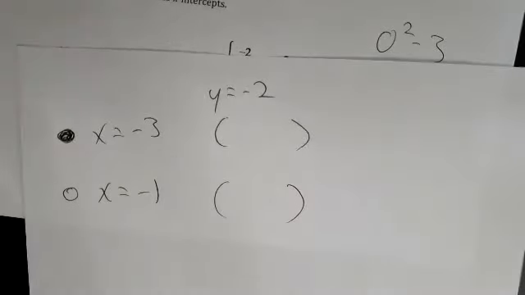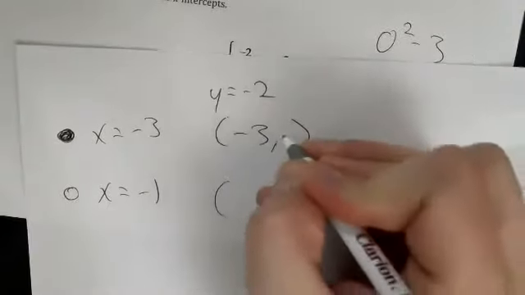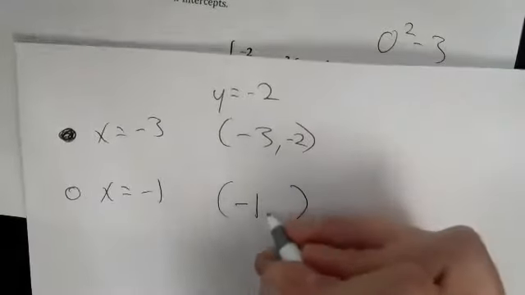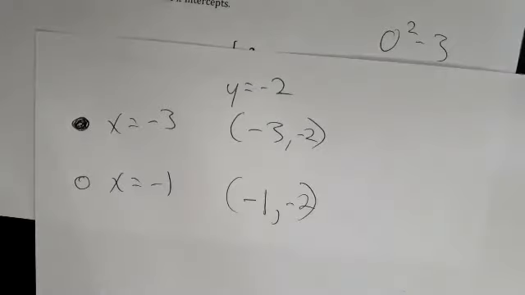If I want the points for this first piece, my x, y would be what? -3, -2. Yep, -3, -2. This would give me -1, -2. That's the first piece that I would want to graph.